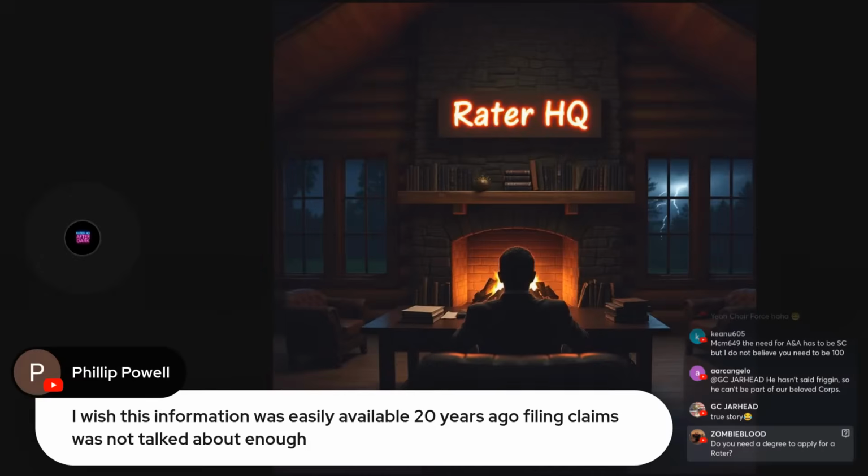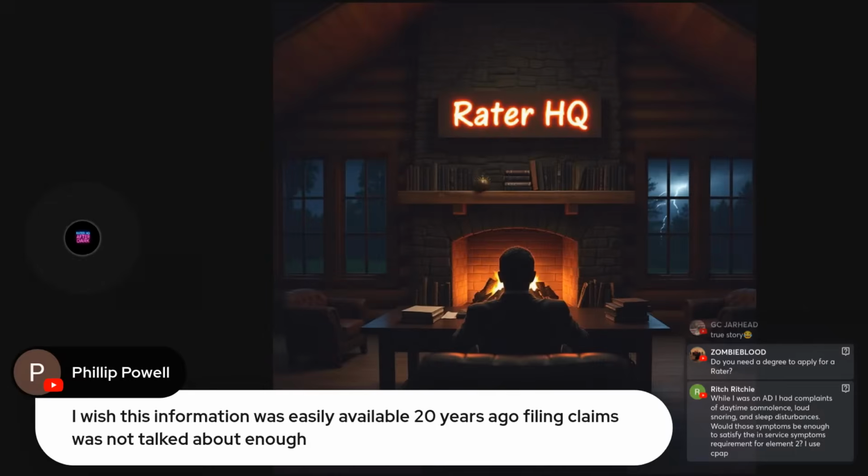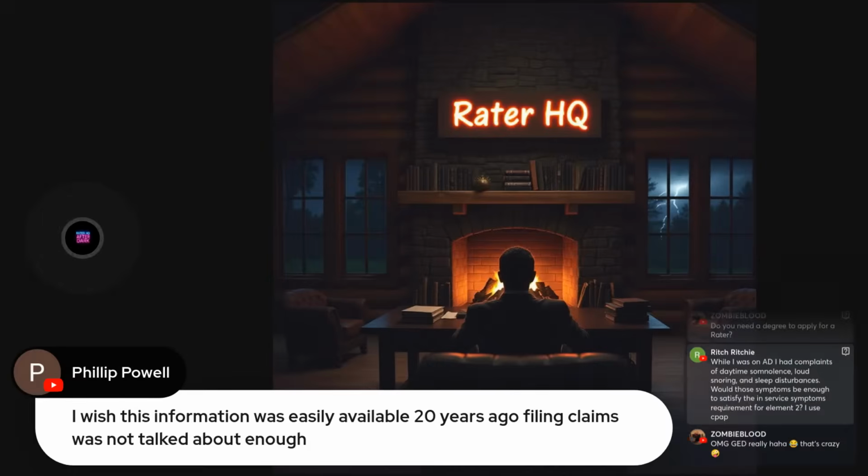Philip Powell: I wish this information was easily available 20 years ago. Me too. I don't know what the hide and seek is. I honestly don't. I don't understand why this process is so complex for no reason. Right? Do you guys feel like that?